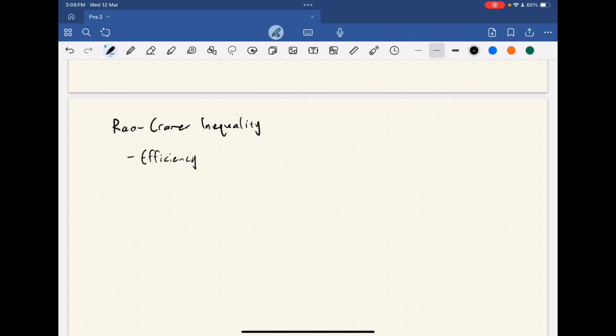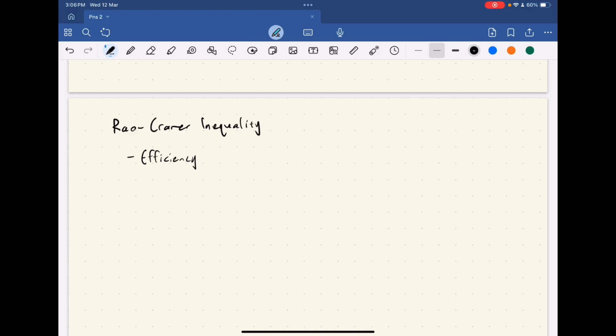So the efficiency is basically the ratio. Bear with me, I'll write it later, but it's simply the ratio of the Rao-Cramer lower bound to the actual variance of any unbiased estimator.